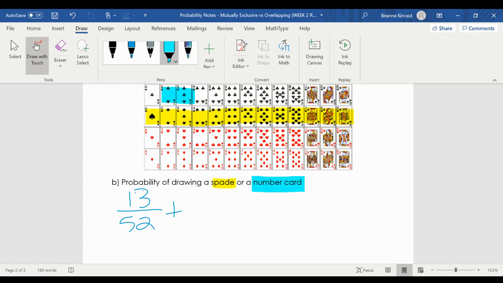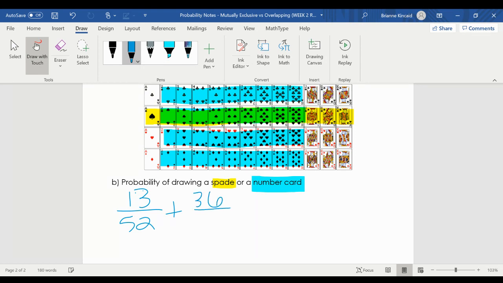That's going to be these 36 cards. And then what you notice is the 2 through 10 of spades has changed to green. So I want to make sure I subtract those 9 cards, which is going to give us 40 over 52, or 10 over 13.